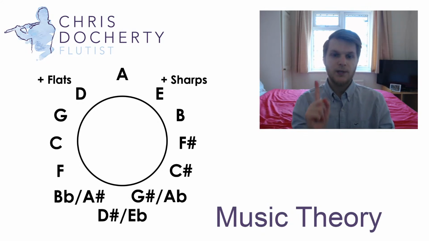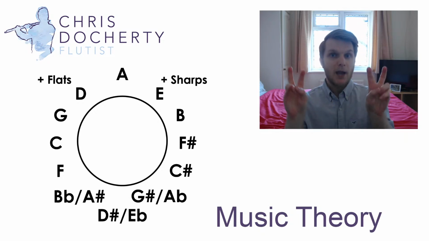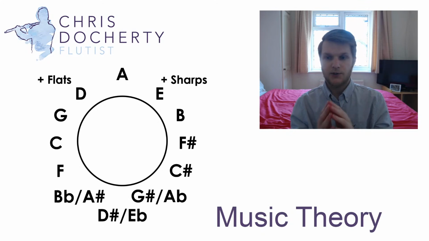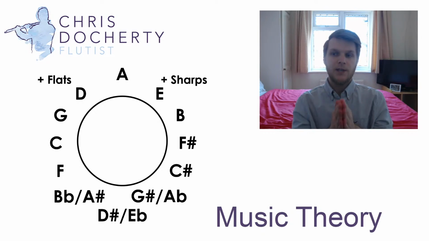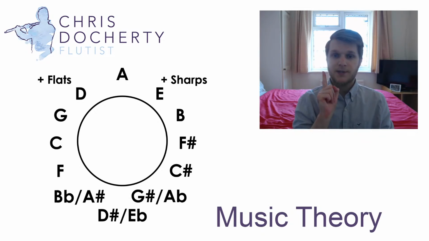There's one more step we need to do to create the proper E minor, rather than just an E natural minor, because it's a natural minor at the moment. To make it into what we call a harmonic minor, we need to raise another note, and we need to raise the 7th note in the scale by 1 semitone.